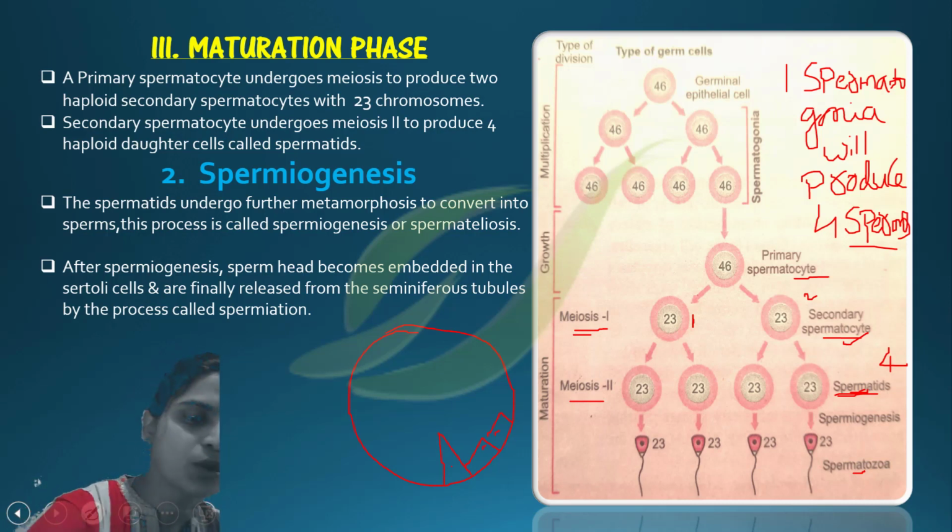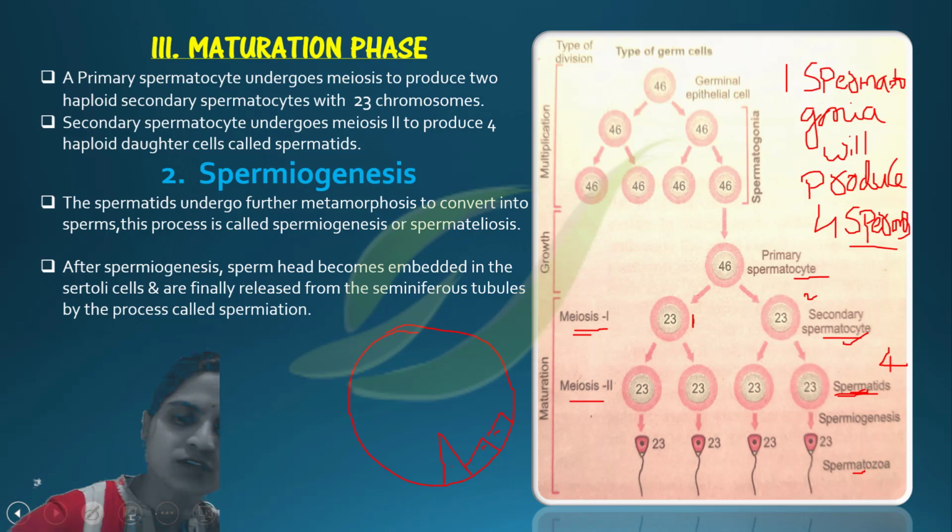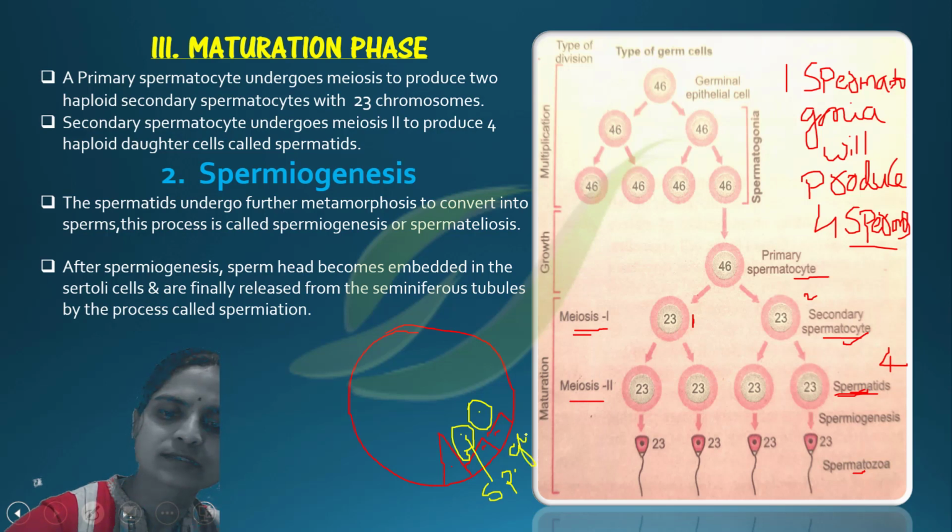It has undergone the mitosis division and produced spermatogonia. These spermatogonia grew big in size to form primary spermatocytes.